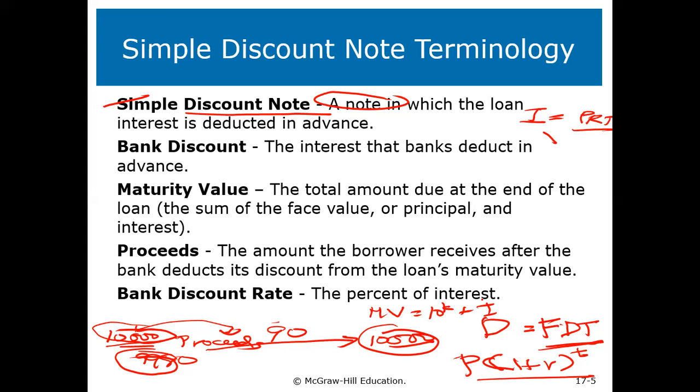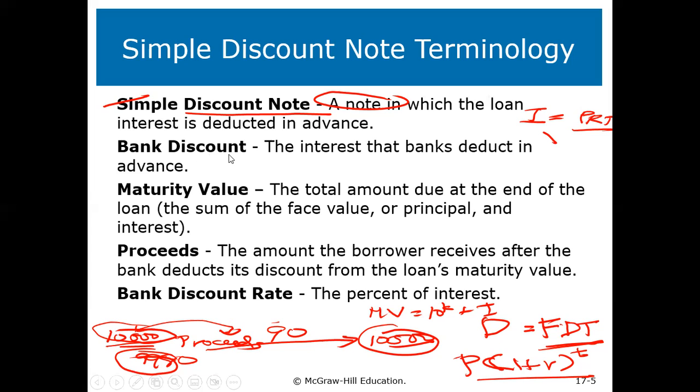If you recall, the maturity value is always the principal plus the interest. That's the case of a simple interest note. But with a simple discount note, what is written on the note is 10,000, and what we get is only the net; the proceeds are the net. I hope I have explained it clearly.